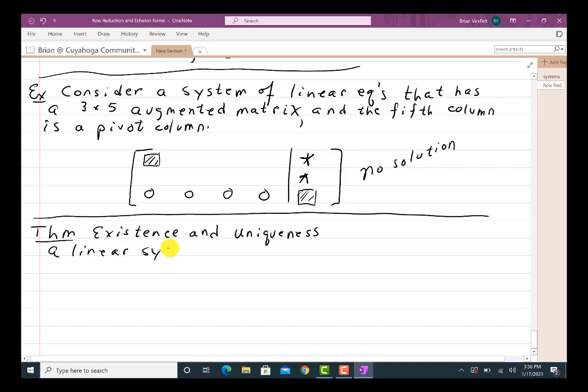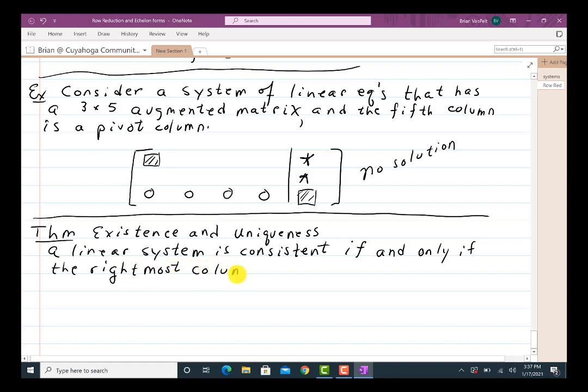A linear system is consistent if and only if the rightmost column is not a pivot column.